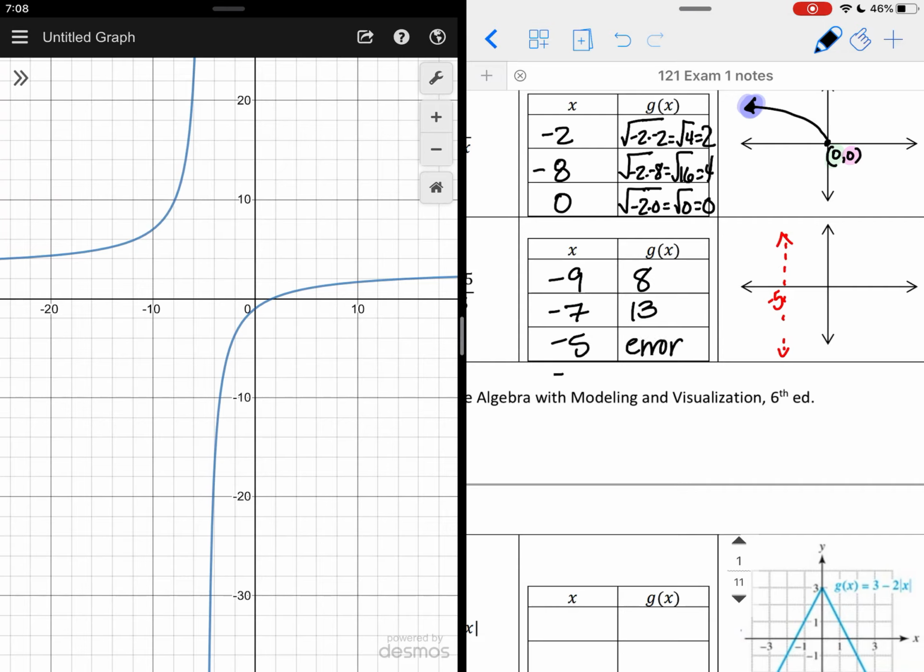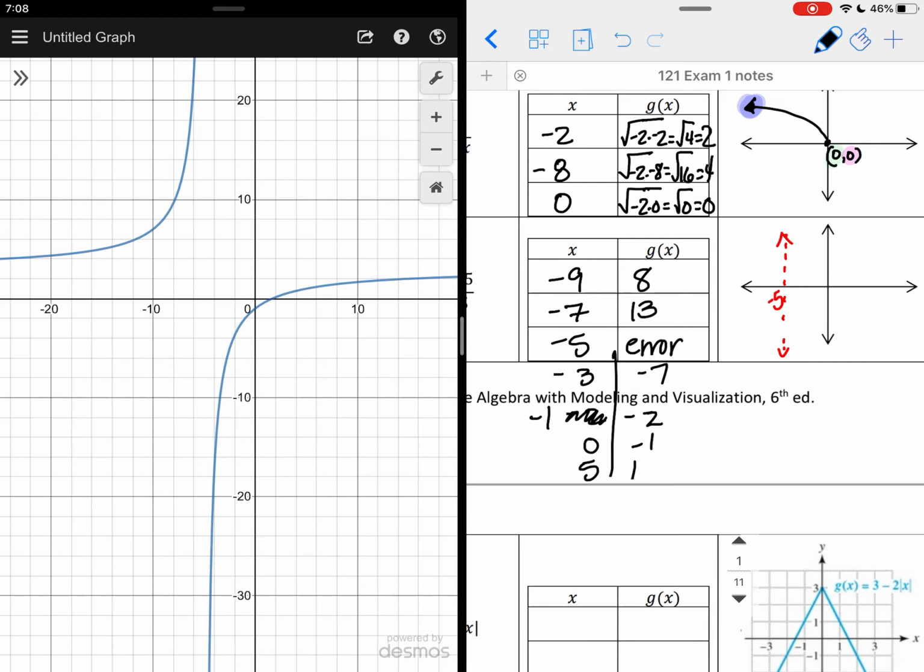And I added some more. So at -3, we're going to have -7. At -1, excuse me, we have a -2. At 0, we have -1, and at 5, we have 1.